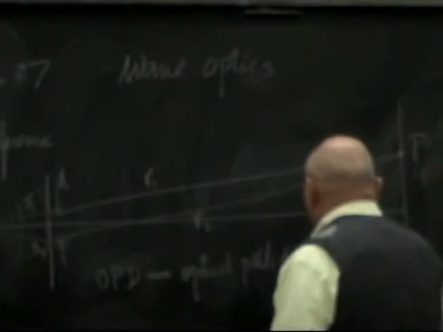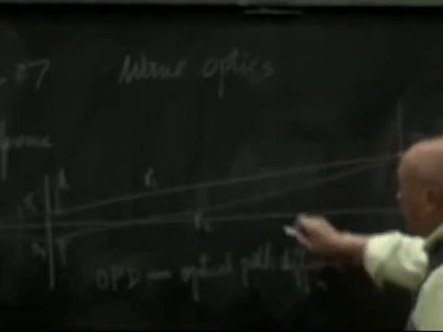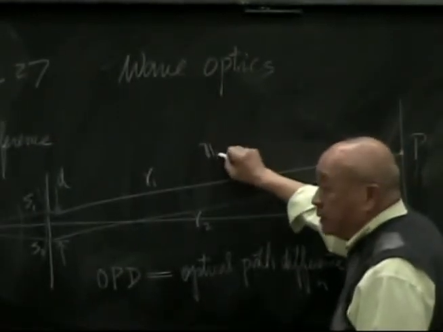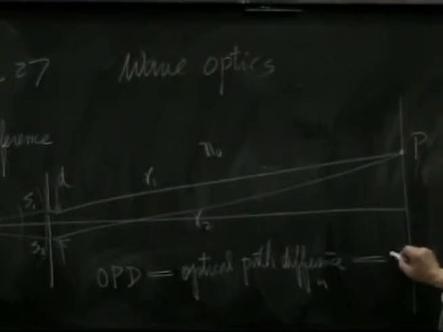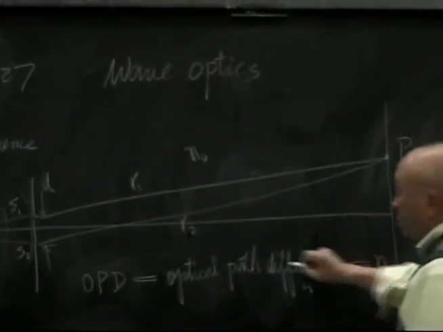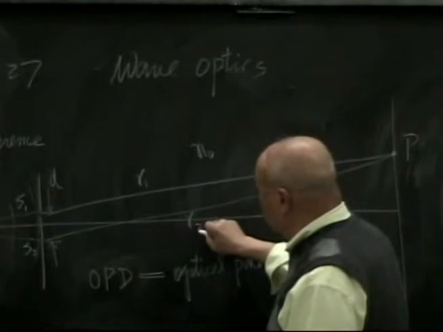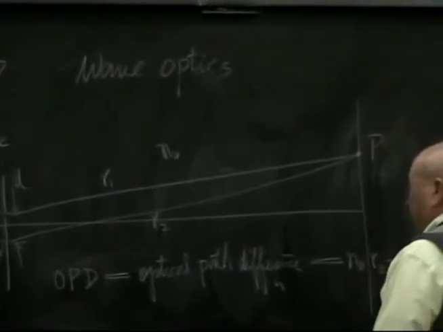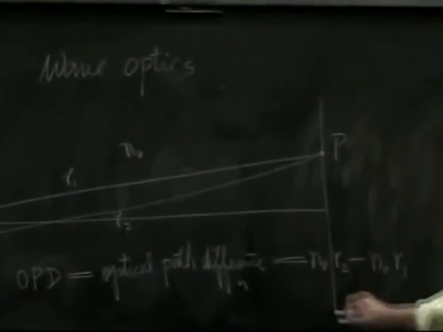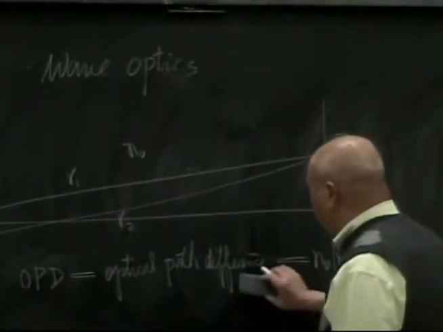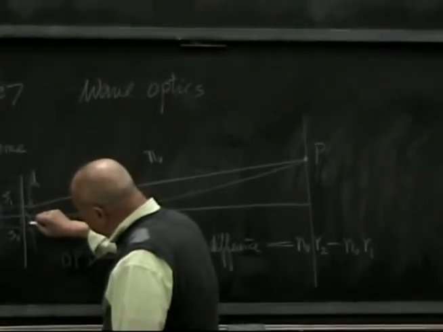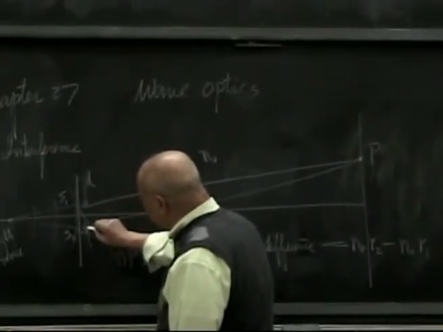Suppose in this area the medium is n sub 0. So the optical path for the distance R2 is n sub 0 R2 minus n sub 0 R1. That difference is called optical path difference.